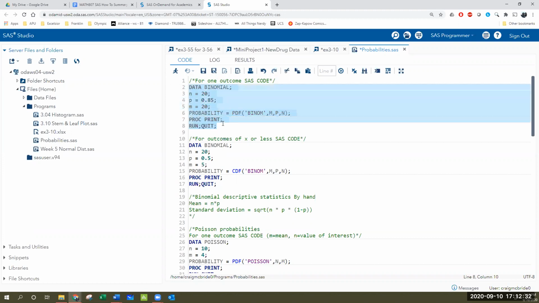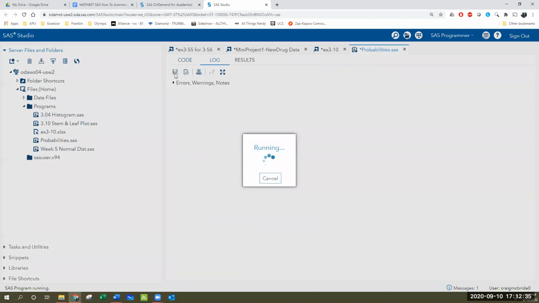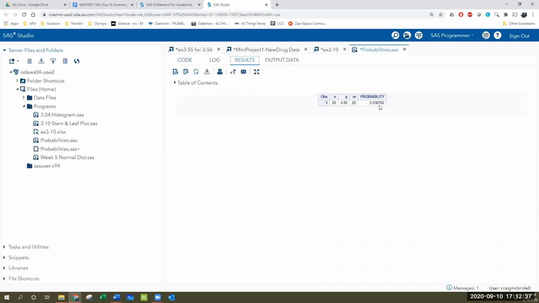And if we run this, there's our answer. Now you can do it in Excel just as easily because Excel has the Binom PDF formula in there. You can do it in a graphing calculator very easily. It just depends on which technology you want to use.